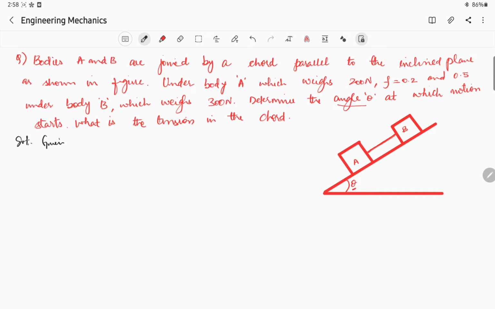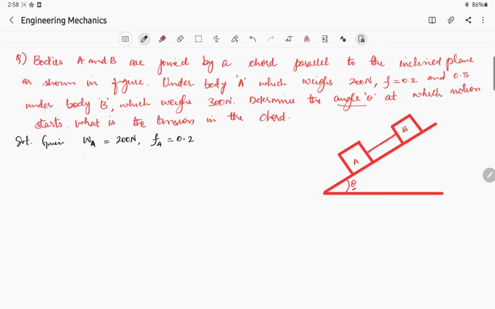So the given things are: weight of block A, WA is equal to 200 Newton. Coefficient of friction, we denote it with small f, under block A is 0.2.